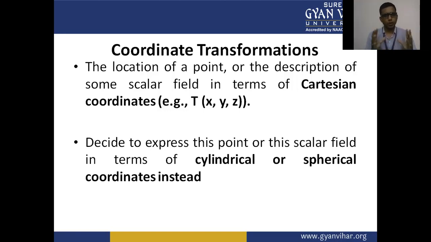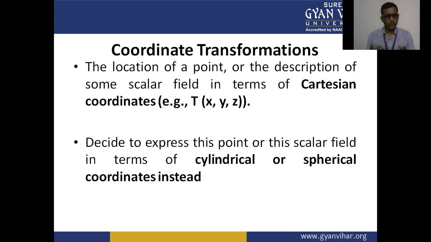The location of a point, or the description of some scalar quantity field, can be given in terms of Cartesian coordinates, for example T(x, y, z). T is any point in the Cartesian coordinate system. This point is converted into the cylindrical as well as the spherical coordinate system.